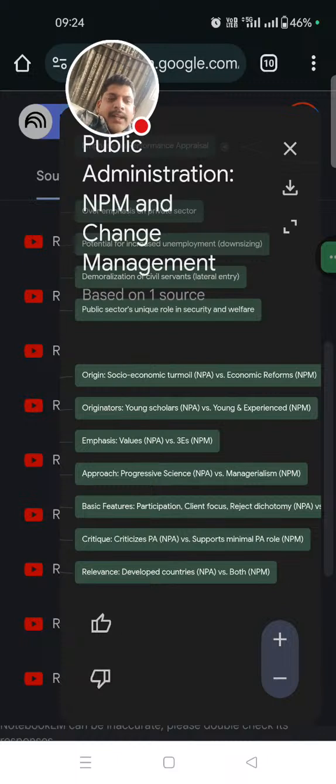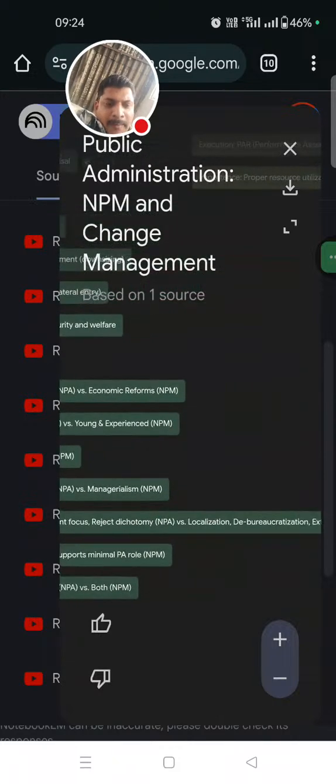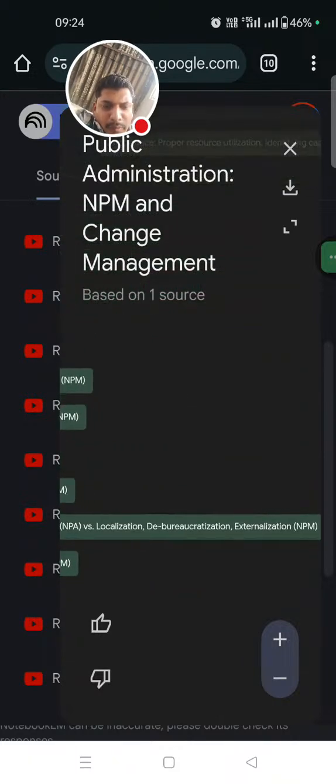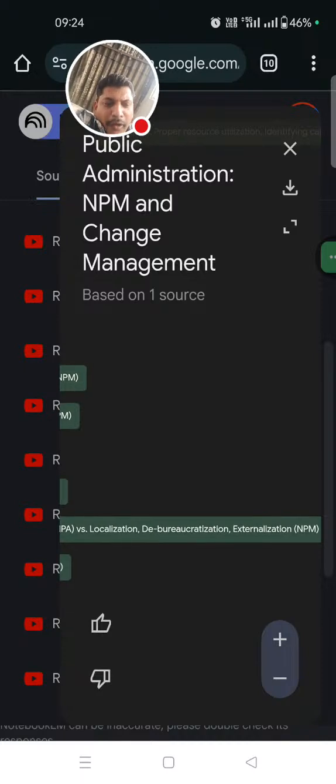The approach of NPA is progressive, but NPM's is managerial. The basic features of NPA are participation and client focus, and rejection of the dichotomy, but NPM's are localization, debureaucratization, and externalization.